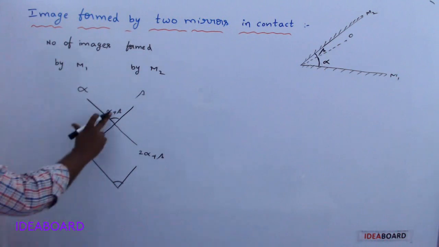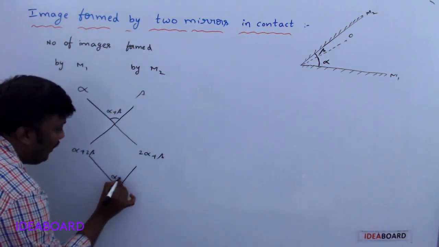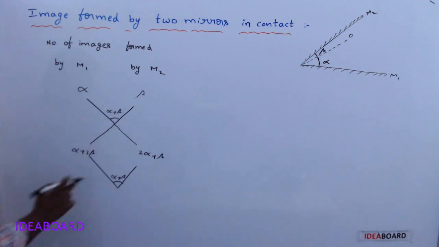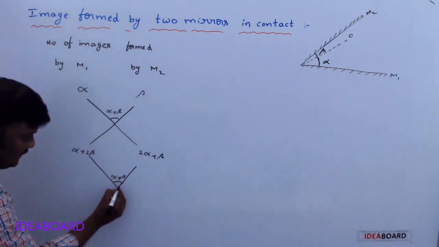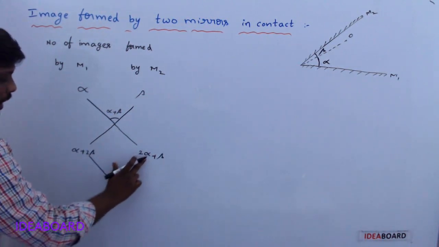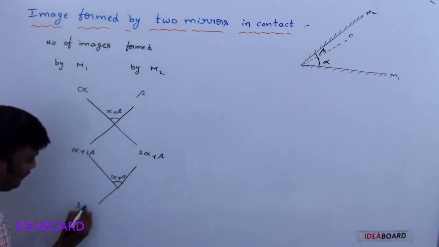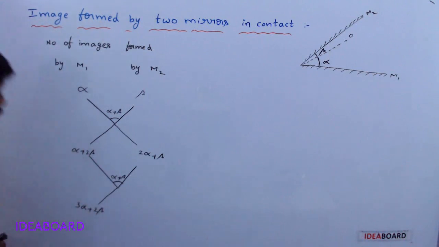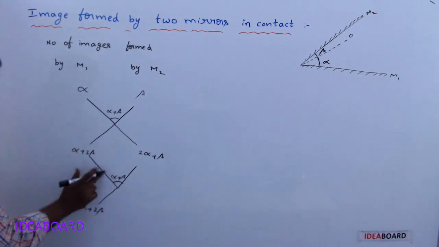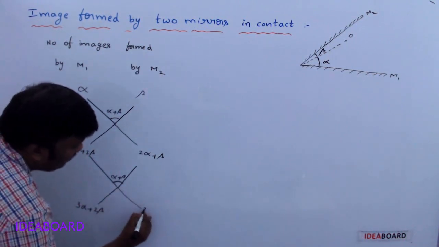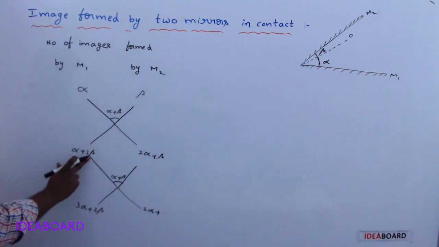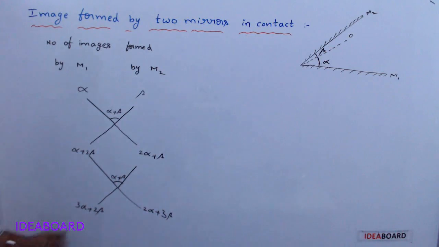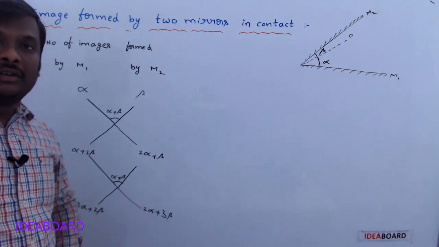So again this value is only alpha plus beta. Don't change this value here. Now along this way, 2 alpha plus alpha, 3 alpha, and beta plus beta, 2 beta. Here alpha plus alpha, 2 alpha, and 2 beta plus beta, 3 beta. Next, again you may continue.